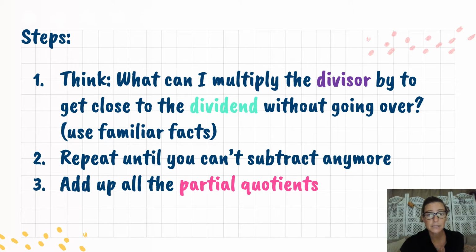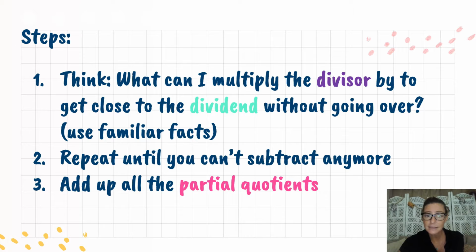So our steps when we're using the partial quotient method is that you're going to first think to yourself, what can I multiply the divisor by that gets me really close to the dividend, but without going over? And we want to use our familiar facts.